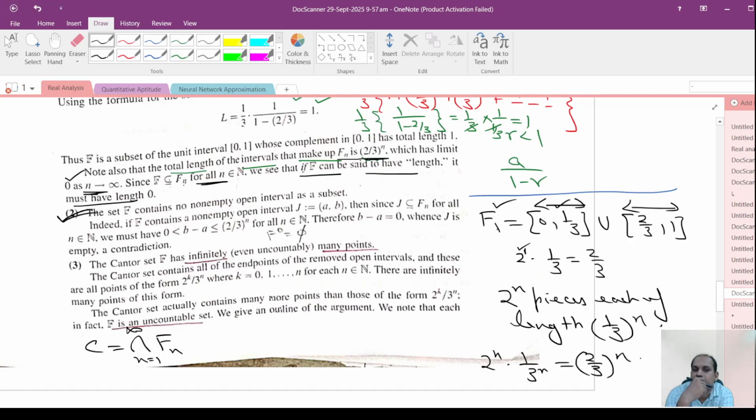Why? Because the claim is that the Cantor set F contains no non-empty open intervals as a subset.